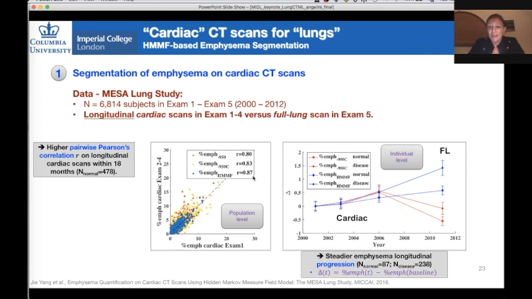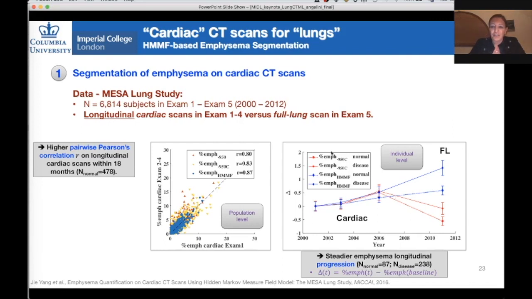But going again to the individual level, if you want to really follow the individual progression in emphysema over time, and here we are doing this evaluation for normal subjects and for disease subjects, you clearly see on the blue lines that you get a steady and, as expected, increase of emphysema over time using the HMMF segmentation, and also that disease subjects progress more than normals.